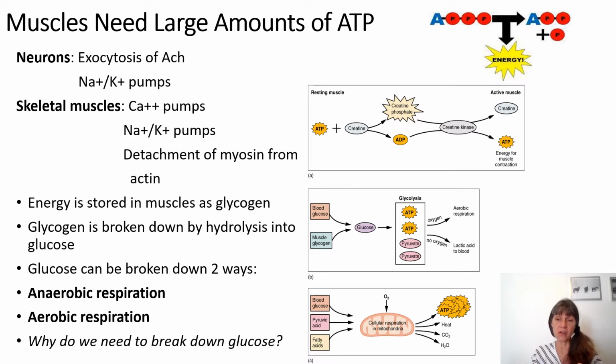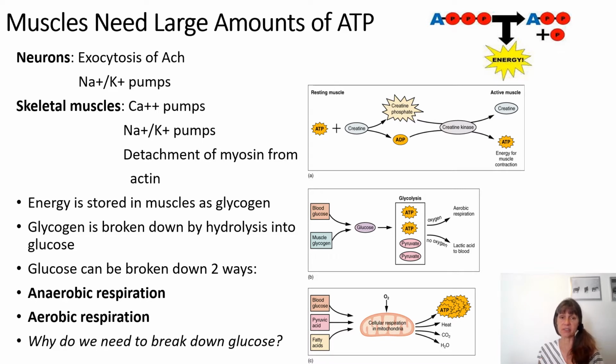In order for a neuron to be excitable, we have to maintain more sodium on the outside and more potassium on the inside. And in order to do that, we have to pump those ions against their concentration gradients with the help of adenosine triphosphate.